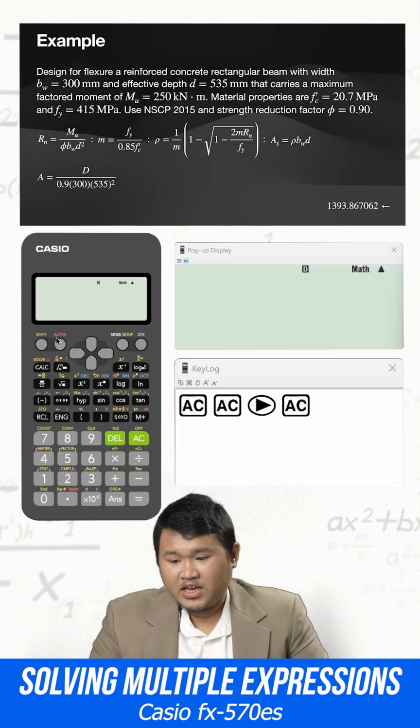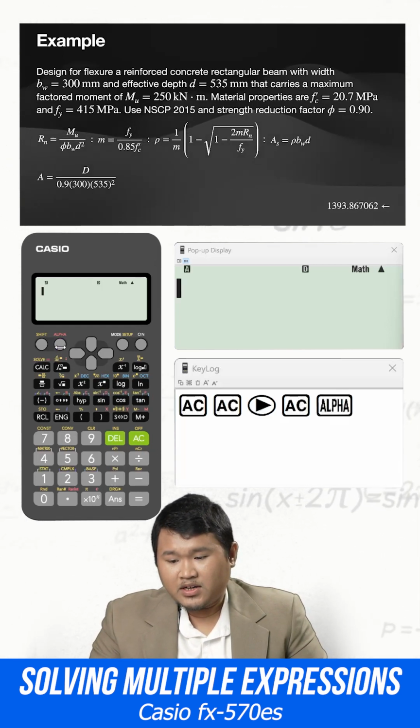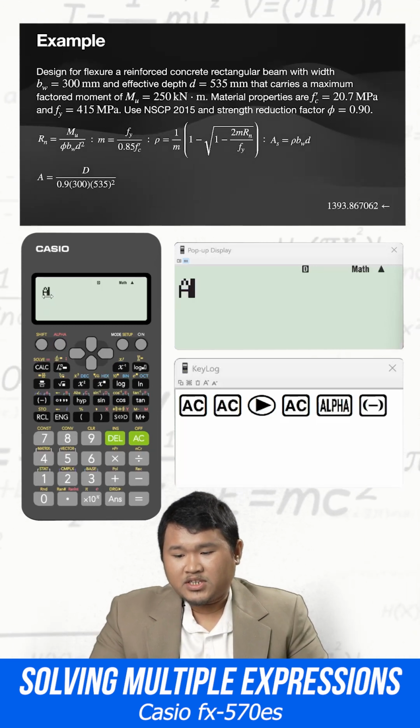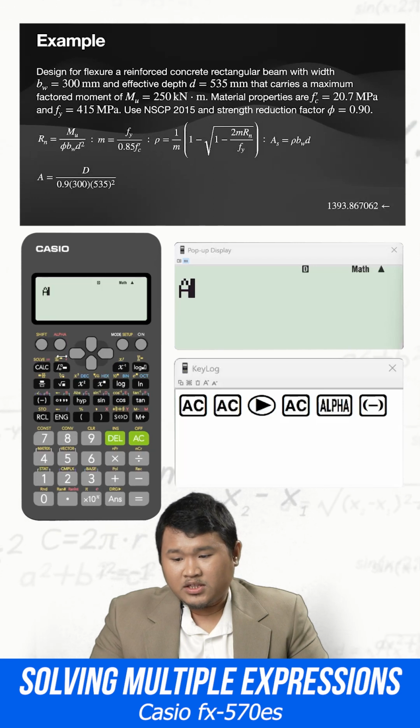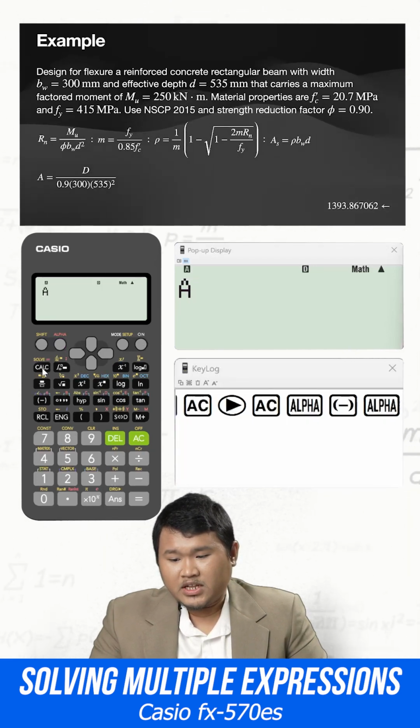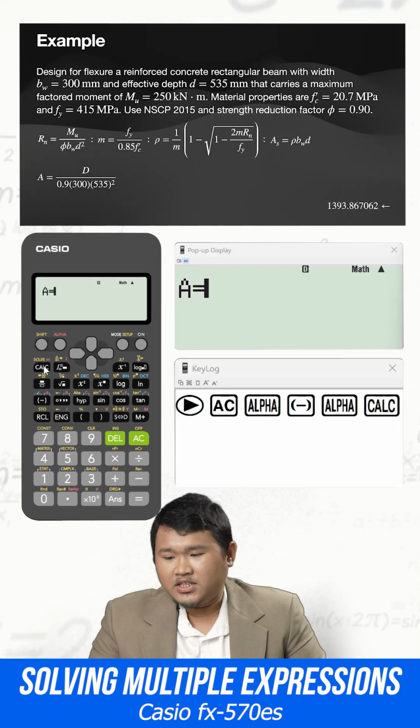So let's have A, which is alpha, and then the minus sign, so that gives us A. And then for the equal sign, we input alpha, and then calc, which is the equal sign.